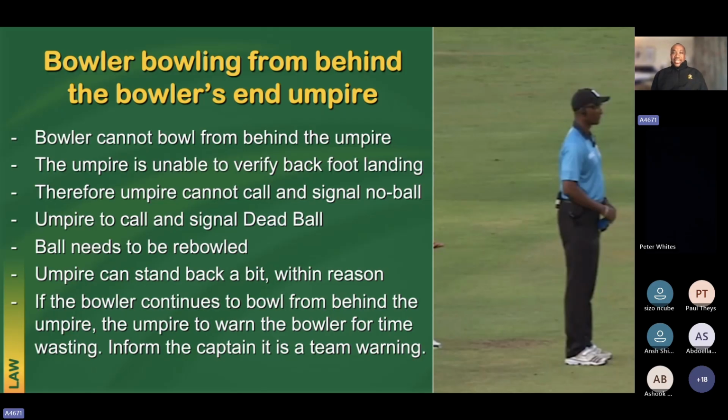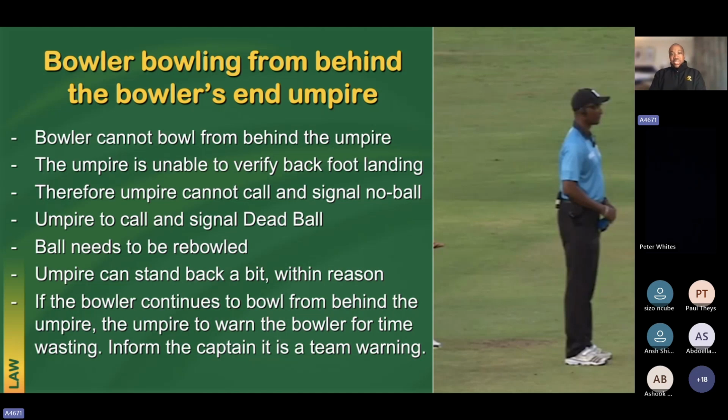So, what is the umpiring procedure to take in this particular incident if it happens to you on field? Firstly, we need to call and signal dead ball. Why do we call and signal dead ball? Because we are not sure of the validity of the delivery.